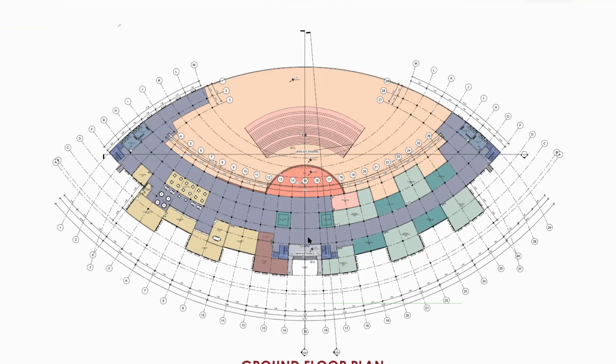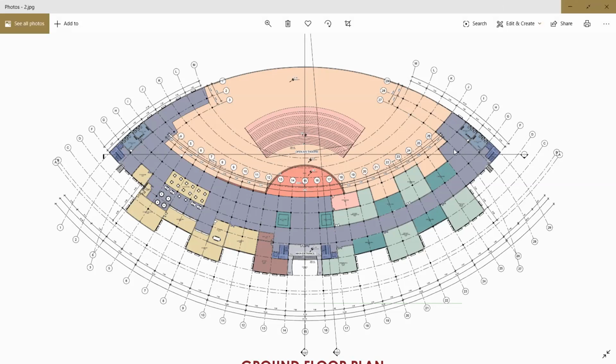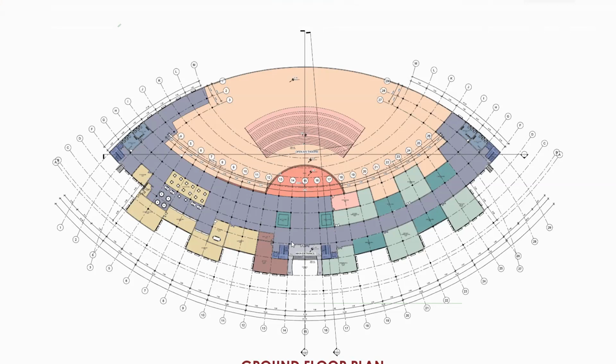The circulation within the building is planned in a way that satisfies the fire safety norms, that is, having the vertical circulations within 30 meters reach.